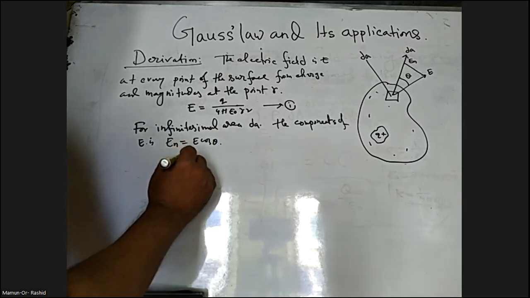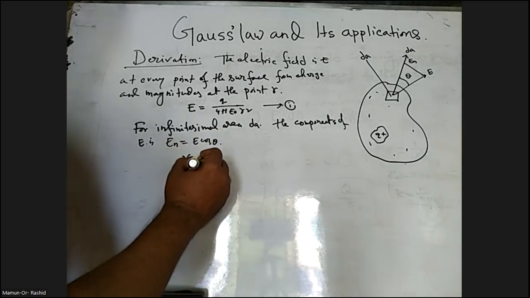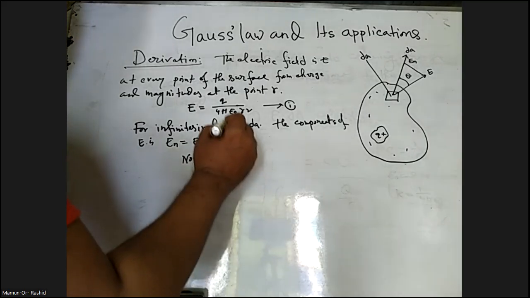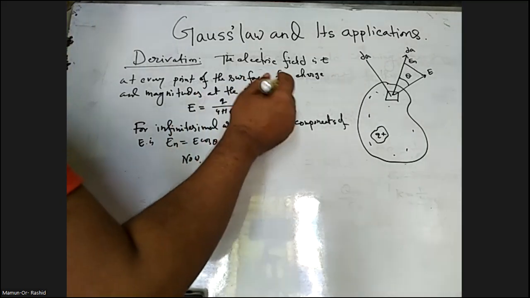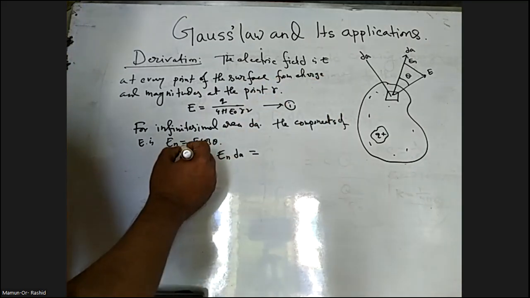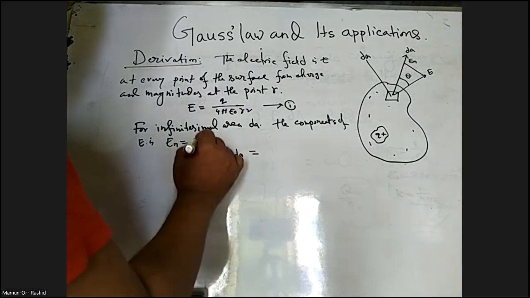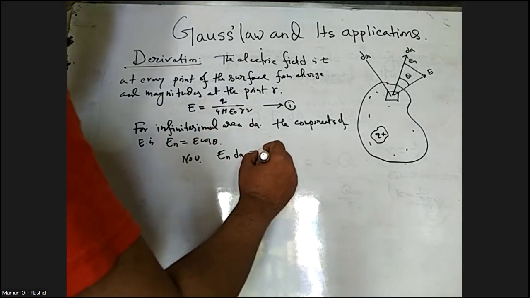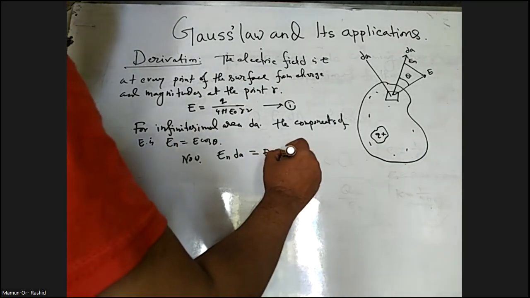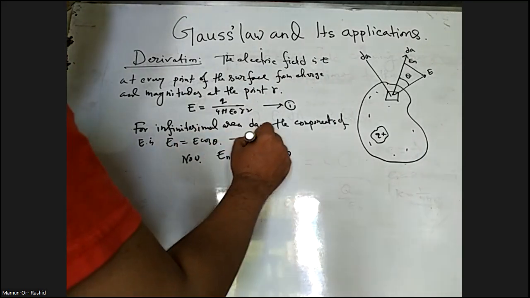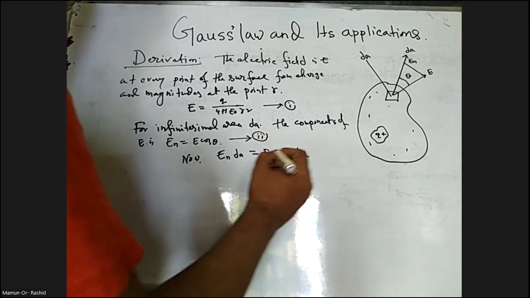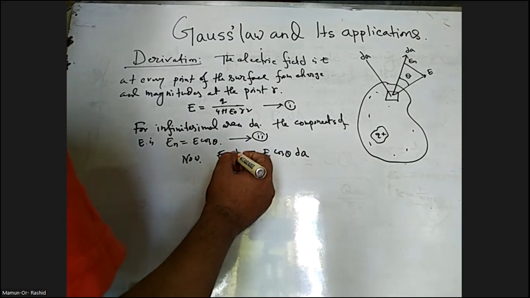Now En, the electric field along infinitesimal area dA, equals E cos theta dA by equation 2.